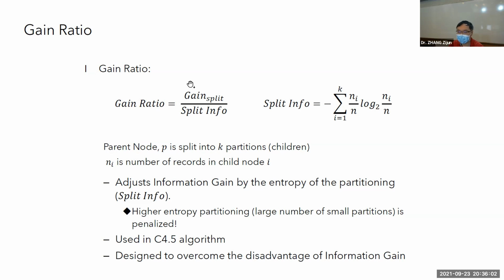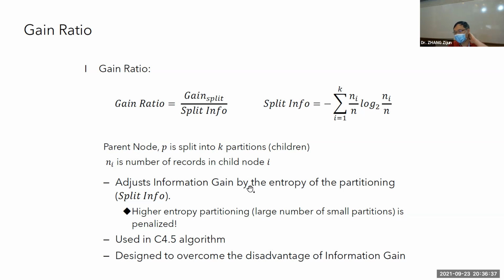It is the ratio of the information gain from the split divided by the split information. The split information is equal to the negative of the summation of the proportion between the number of data points in each node and the total number of data points. The parent node P is split into K partitions, and Ni is the number of records in child node i.